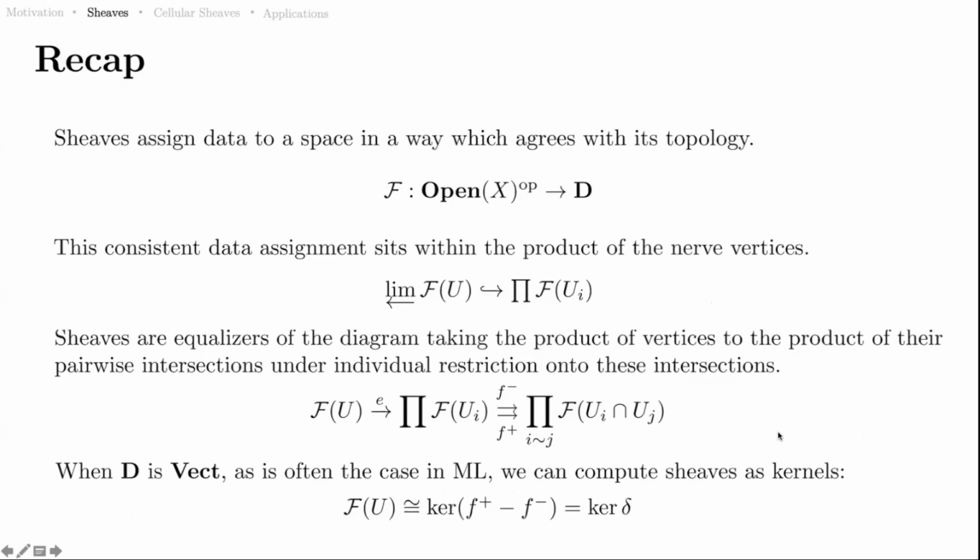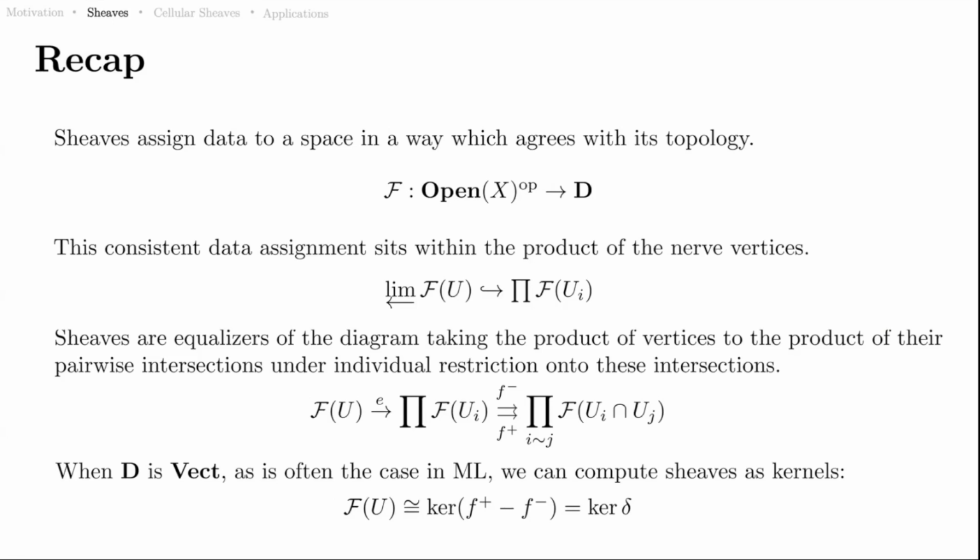So just to recap the sheaf definition, the categorical definition, we have this assignment of data to a space, which is a very important intuitive abstraction. This assignment of data is determined by the product of the assignments on the vertices of this underlying nerve.